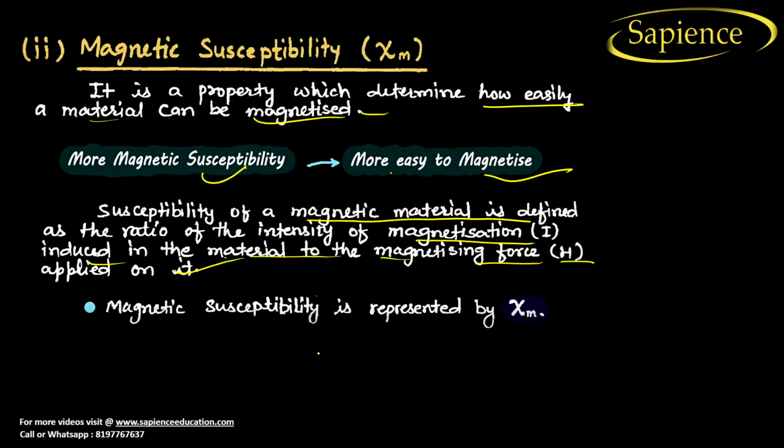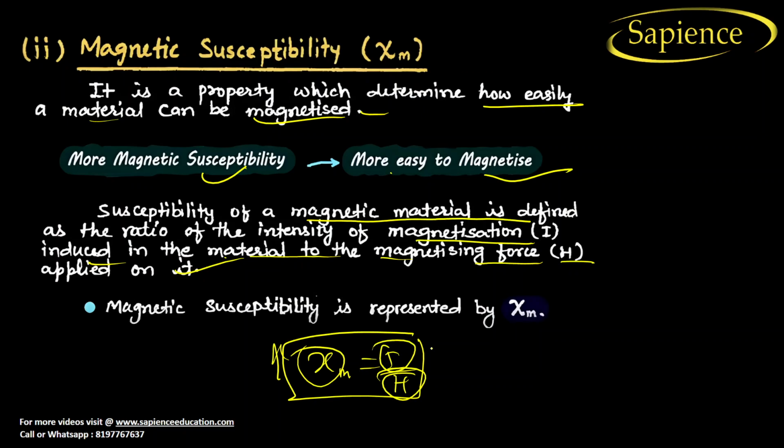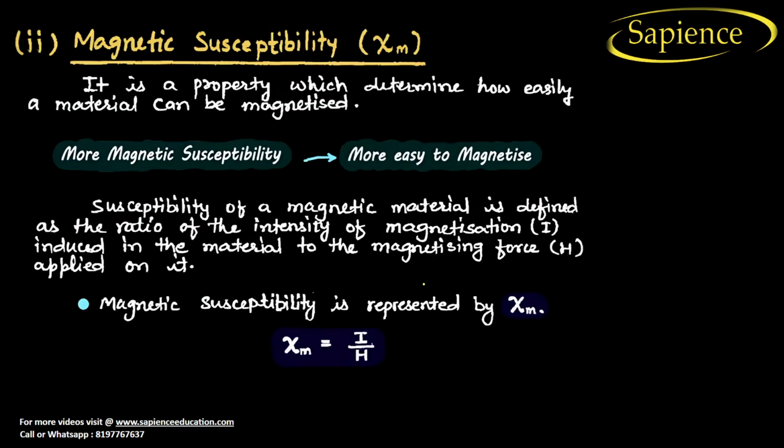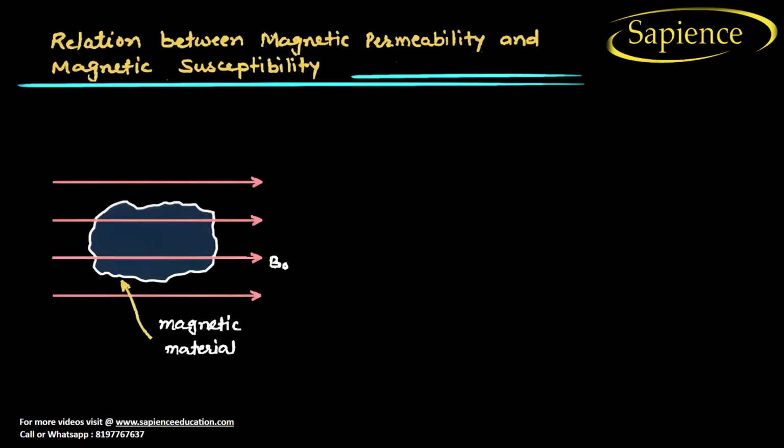That is, xm is equal to I by H. If less force is required for magnetization, then it will be high. Magnetic susceptibility is represented by xm, and it can be written as I by H. I hope you have understood this.